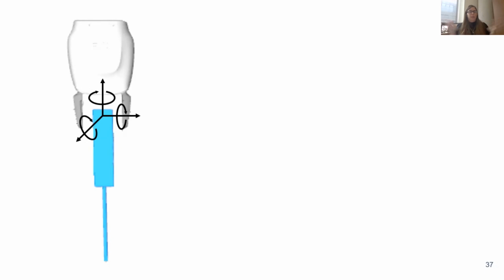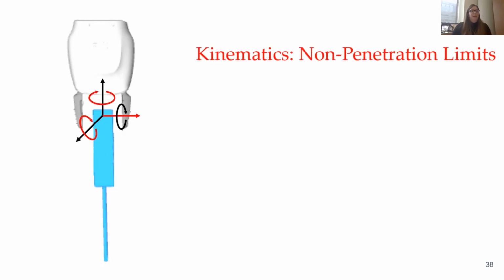I'm going to argue that if we close our robot's hands, in 3 dimensions our object cannot move. That is due to the kinematics of non-penetration limits. If you visualize closing the fingers, for instance, the object cannot move to the left because to do so would involve the object moving through the fingers.